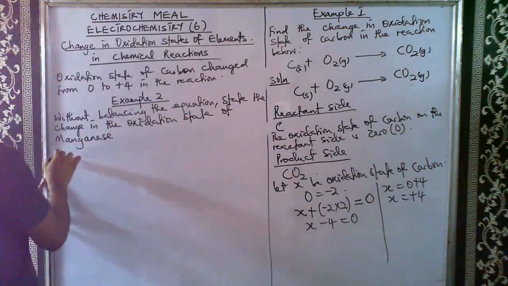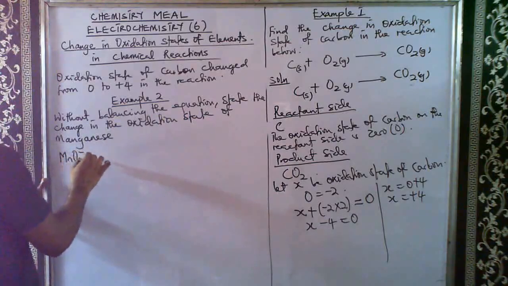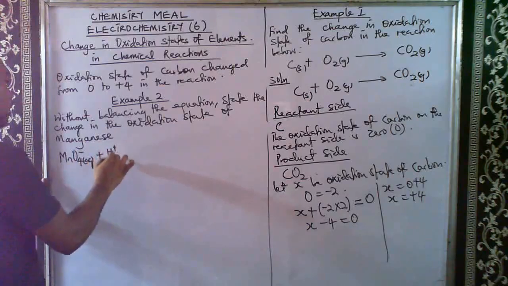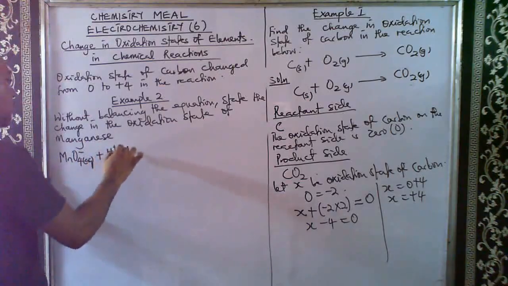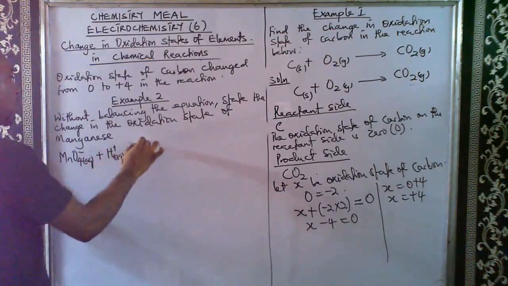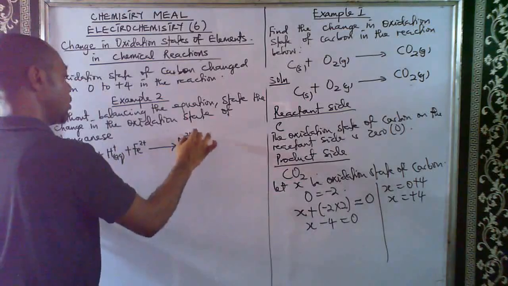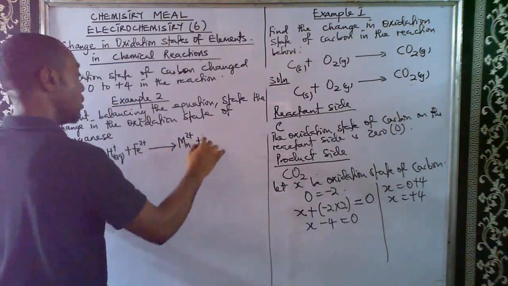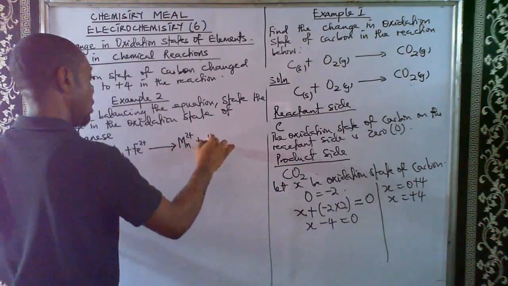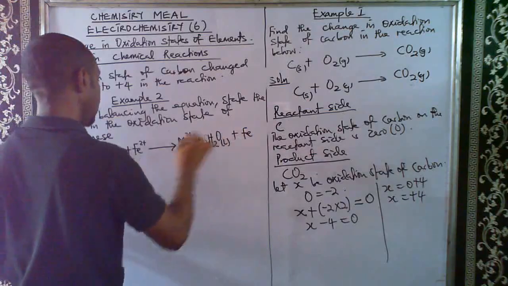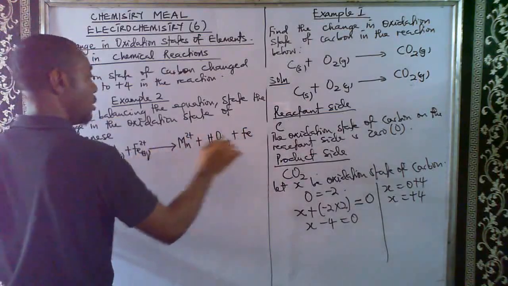So what is the equation? MnO4 minus plus H plus plus I2 minus gives MnO2 plus H2O plus Fe in equal state.